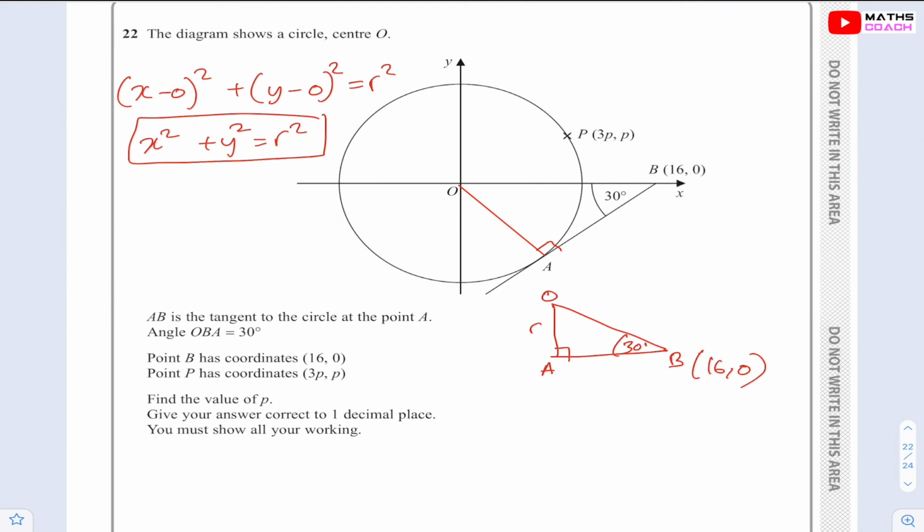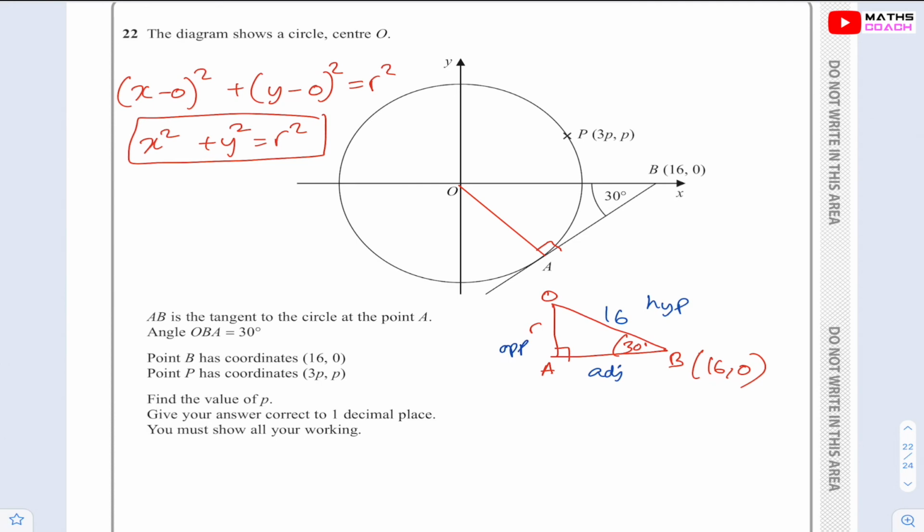Let's write this in as well. So therefore, the distance from O to B is 16, because it's 16 along the x-axis. So O to B is 16 right there. This is enough information to start our process. So if we label this as hypotenuse, adjacent, and opposite, we want to find r.